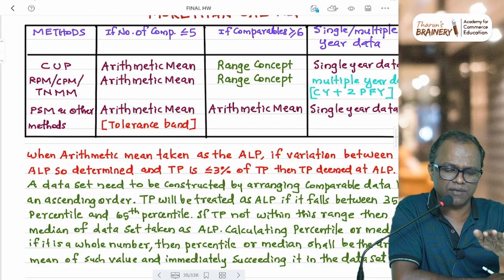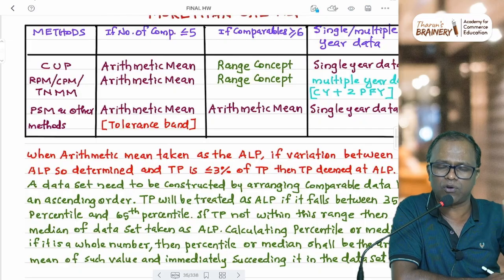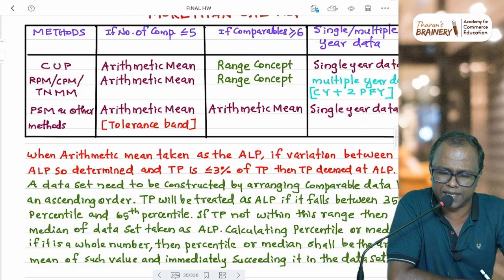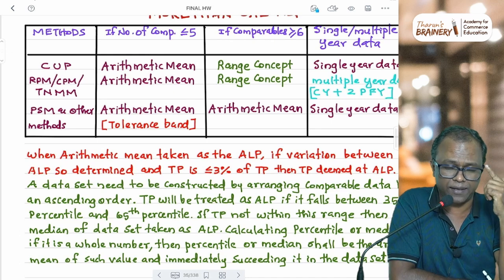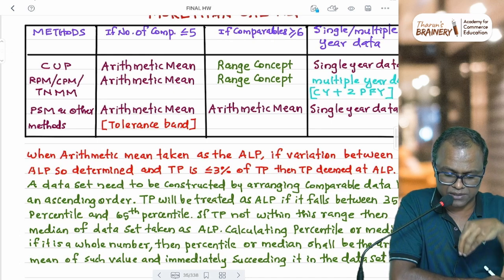The only advantage available under TP is this 3% tolerance band. That advantage is not available for international transactions carried out with persons located in NJA. That is prescribed in 94A. In all other cases, under transfer pricing, we will get this 3% tolerance band.